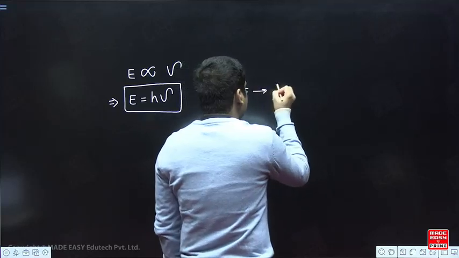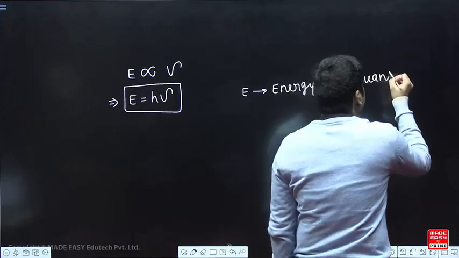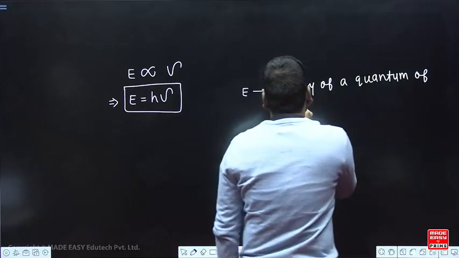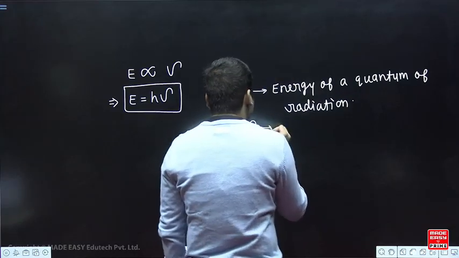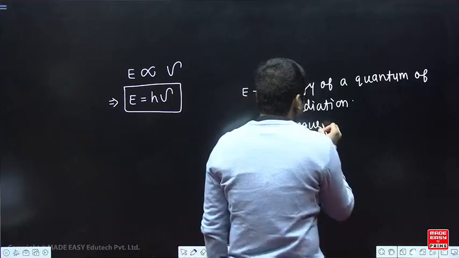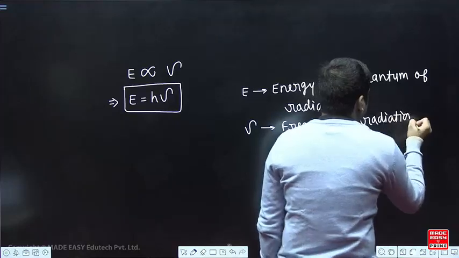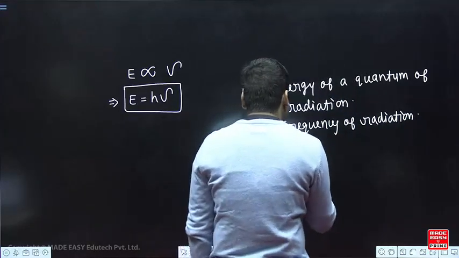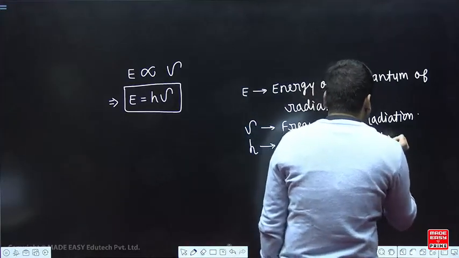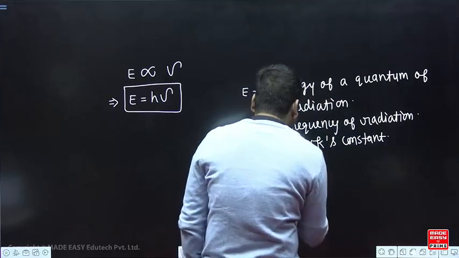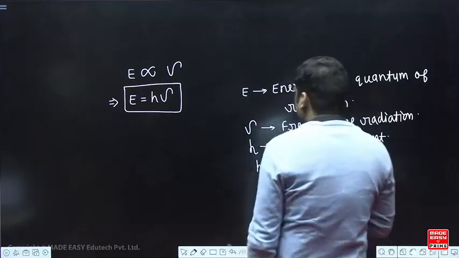E is energy of a quantum of radiation, nu is frequency of radiation, h is Planck's constant, h is equal to 6.626 into 10 raised power minus 34 joule second.